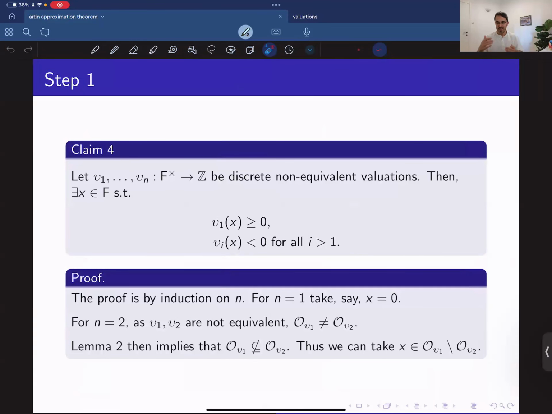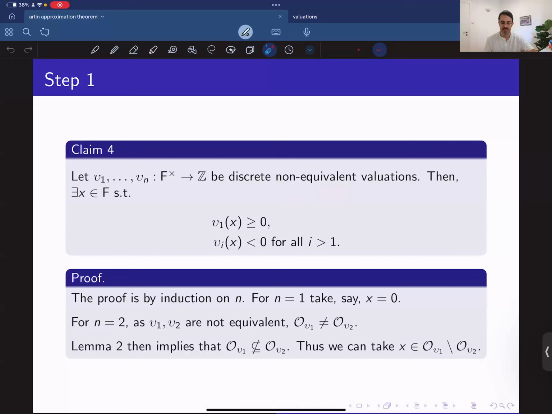So with that, we are ready to start proving Artin's approximation theorem. I mean, you could have considered that as part of the proof, maybe, but let's consider the following as the fourth step. So this is step one. And the fourth claim here is the following. You have n valuations, discrete, so they don't have to be onto Z, but the images have to be isomorphic to Z, and they are non-equivalent, okay?